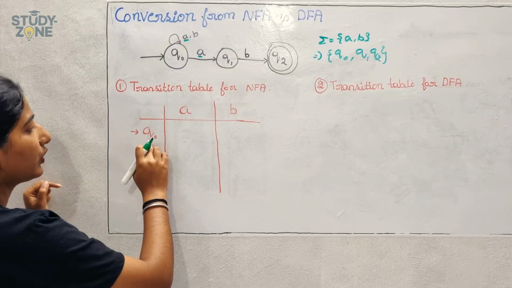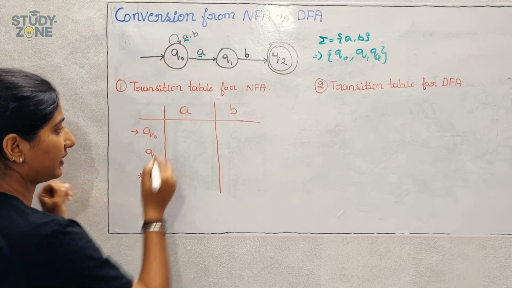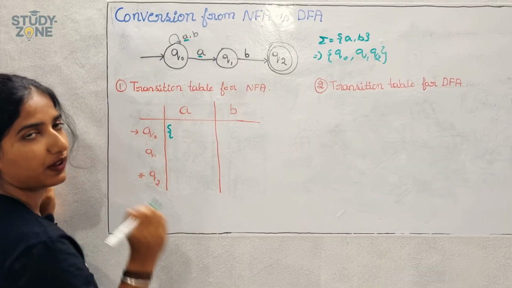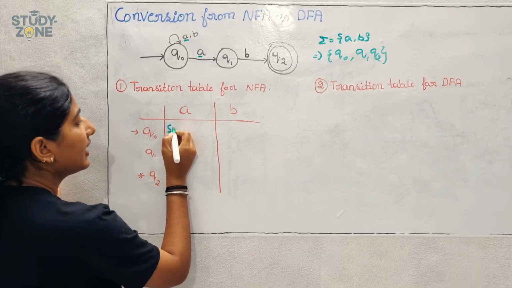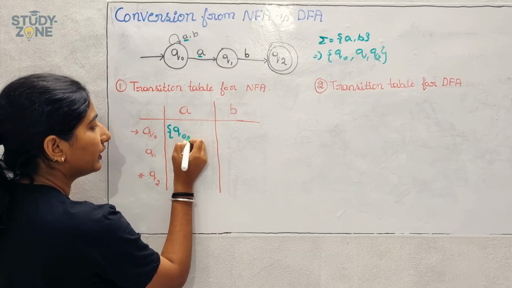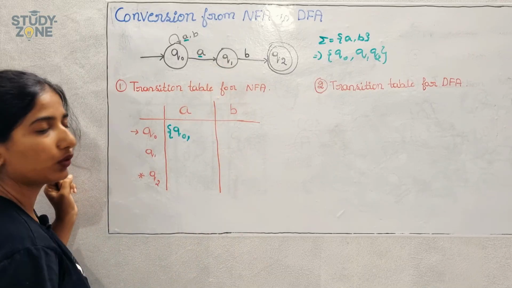Now we have to check Q0 on A, what are all the transitions. Take the flower bracket and write Q0 on A. One transition is it will remain in Q0 only, and the other transition is it will move to Q1.